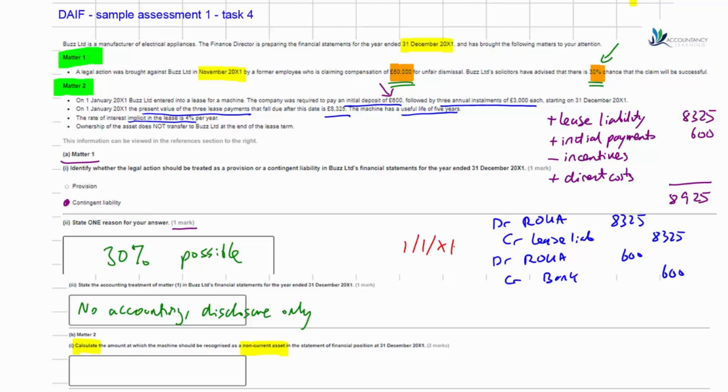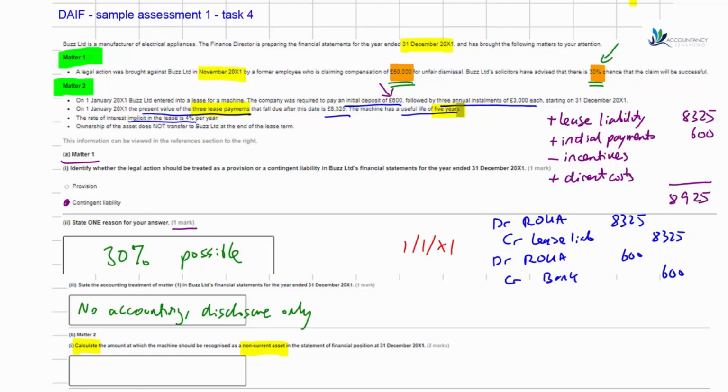So if we're going to be showing this asset in our accounts, then we need to be depreciating it. Now they've given us 2 numbers for the potential useful life of this asset. We know that we have 3 lease payments, and the asset has a useful life of 5 years. So ordinarily we would depreciate over the useful life, but we're only renting this asset for 3 years.